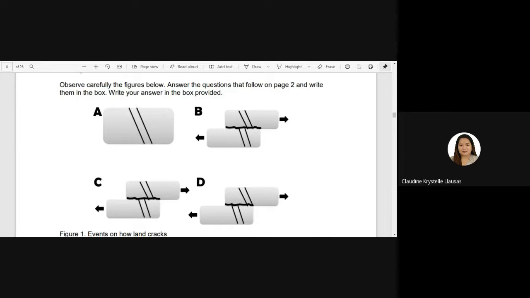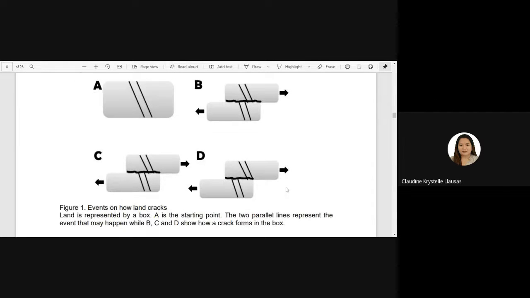Sige, among these 4 figures, okay, land here is represented by a box. A is the starting point. Then, the 2 parallel lines here represent the event that may happen while B, C, and D show a crack that forms in the box. Clashing of 2 boxes below.